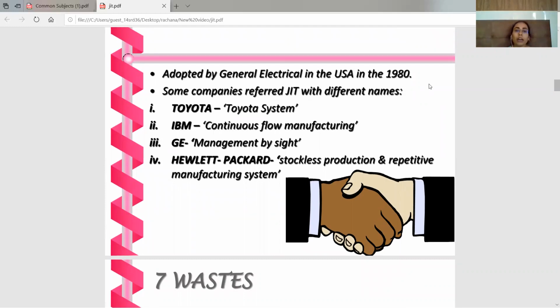Toyota adopted this philosophy as the Toyota system. IBM adopted this policy as continuous flow manufacturing. GE adopted this policy as management by sight. Hewlett Packard adopted this policy as stockless production and repetitive manufacturing system.